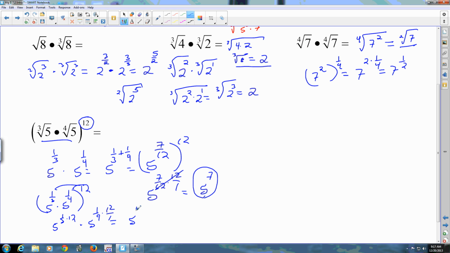So that's 5 to the 4th. 1/4 of 12 is 3, is 5 cubed. So once again, you get the same answer as doing it the other way.